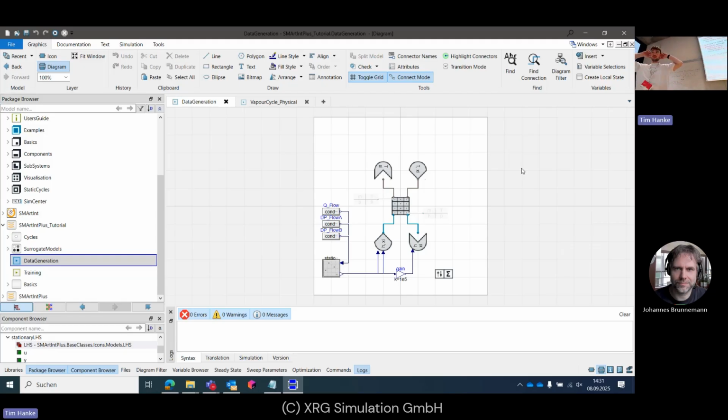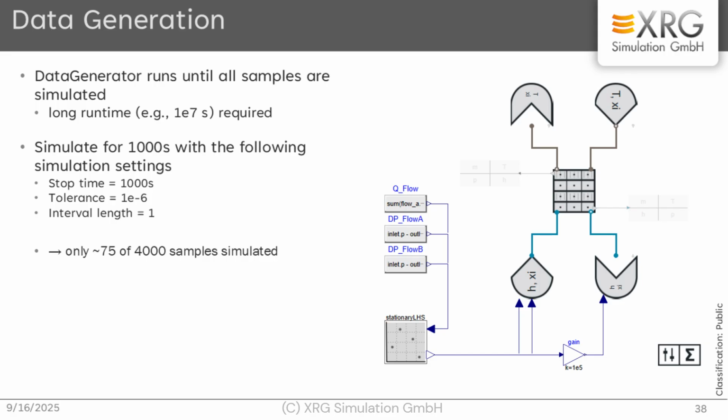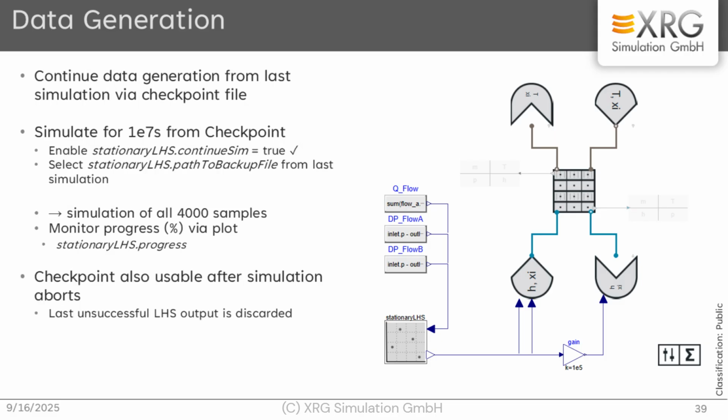So I think it's time to continue. Maybe you already did this, I'm not sure, or also the next step. This first step is just to show how this block works and what you can do if there are some errors and your simulation does not run through.